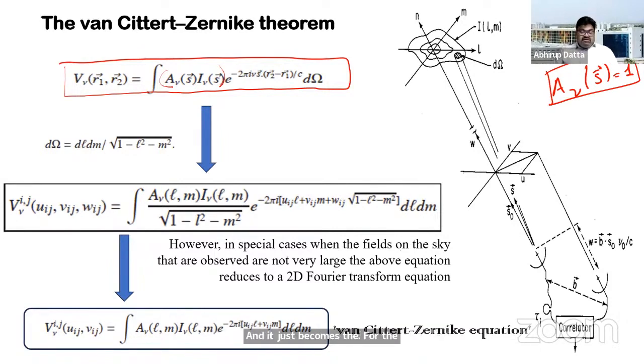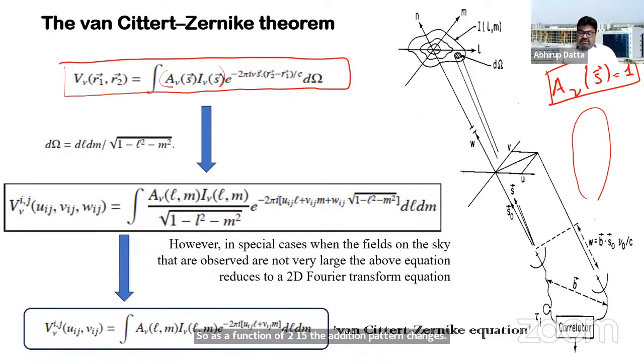However, we know for a real antenna, A is not equal to 1 for any direction, and it changes because it has a radiation pattern, which looks kind of like this. So as a function of theta and phi, the radiation pattern changes. So A has to be measured separately.